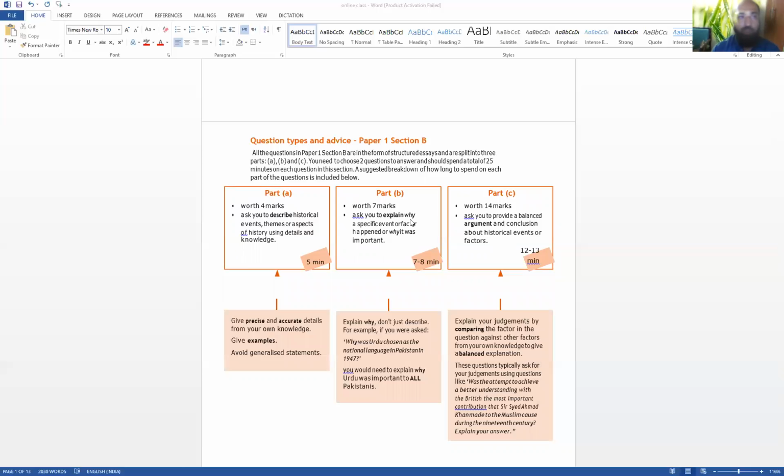For example, if two guys fought and you go to the principal and the principal asks why did they fight, you will inform them what had happened and because of what the fight started, not what was going on in the fight. In part C, it is a 14-mark question. You will have to explain it and give the effects of what had happened in that event.